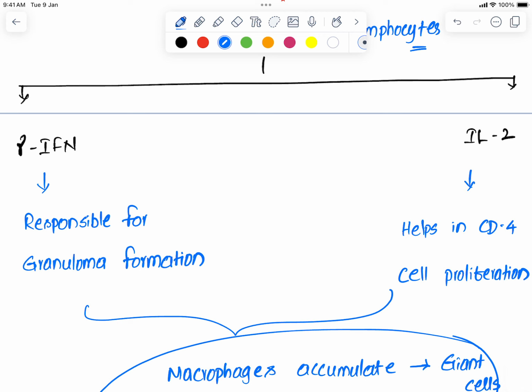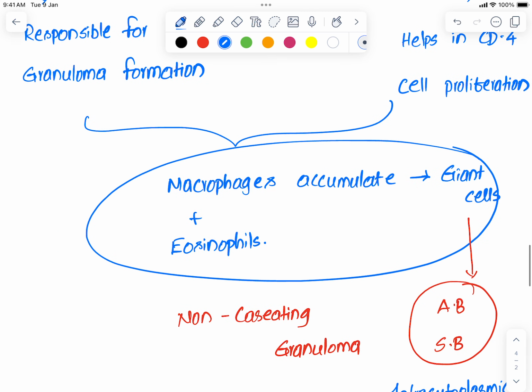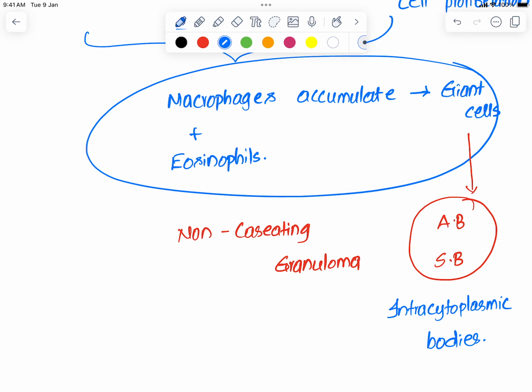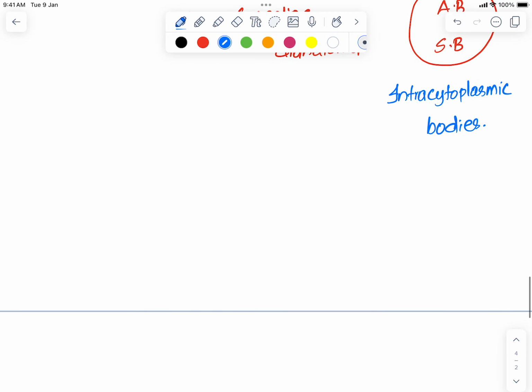Interferon gamma is responsible for granuloma formation. Interleukin 2 helps in CD4 cell proliferation. Once there is proliferation, the macrophages accumulate to form giant cells, along with eosinophils, to form a non-caseating granuloma. Within this giant cell, you have asteroid bodies and Schaumann bodies, which are intracytoplasmic inclusion bodies.